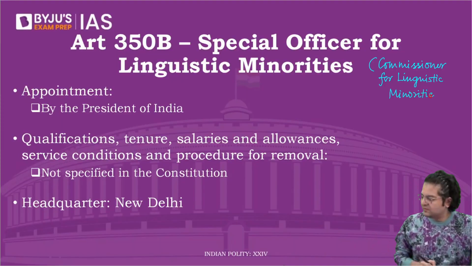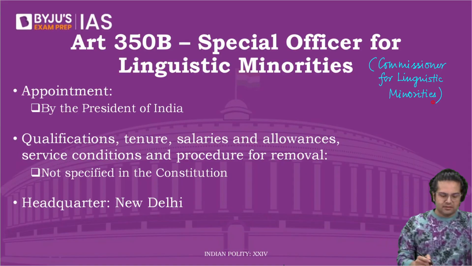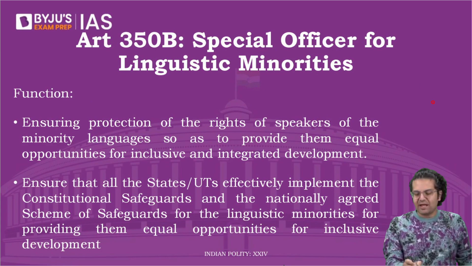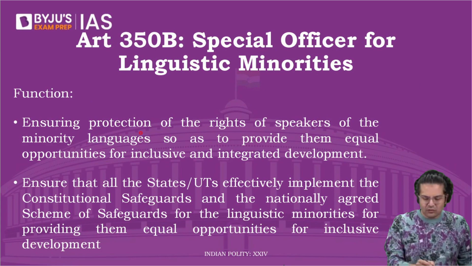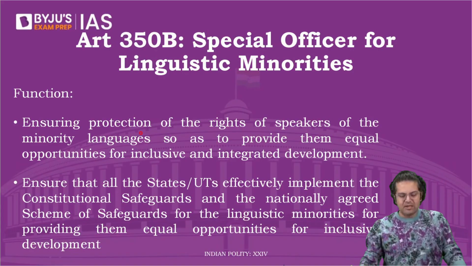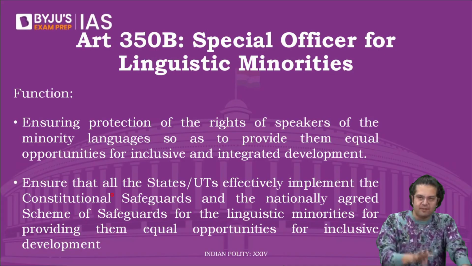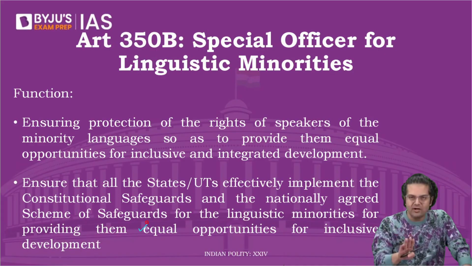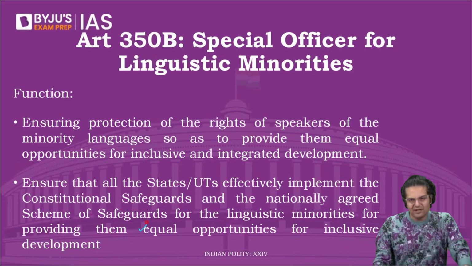What's the CLM? What's the task of CLM? The task of CLM is this: ensuring the protection of the rights of people of minority languages. That's it. And also ensuring that these people are given equal opportunities for inclusive development. They are not harassed. The safeguards in the Constitution, Article 29, Article 30, are taken into consideration effectively. That's it.